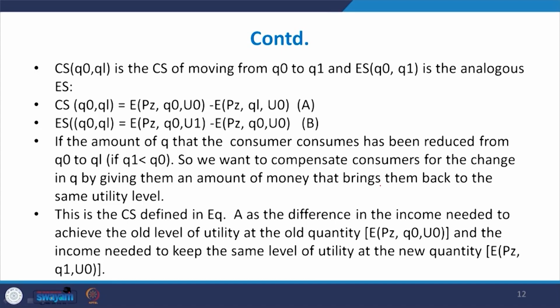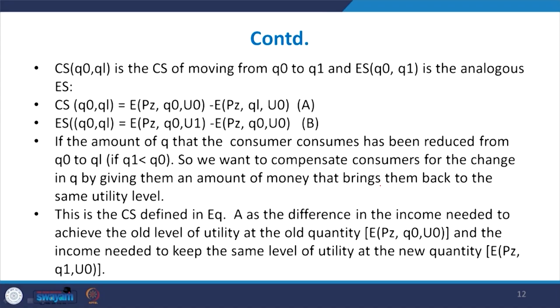Equivalent surplus is the amount of money required for the consumer to reach the higher level of utility from U0 to U1 with the initial level of environmental product, minus the amount of money required for the consumer to achieve the given level of utility without change in the environmental quality.